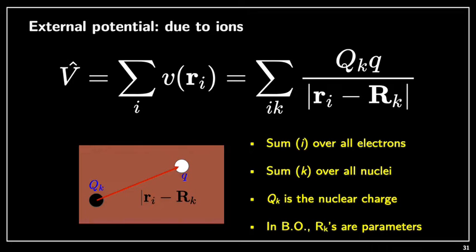It's related to the electrostatic interaction between an ion positioned at R_k and an electron positioned at r_i. I'd like to insist that R_k here is not a variable; it's a parameter. You are given these parameters, which correspond to a configuration of ions, and then you get to calculate the rest. All right, so these are parameters.